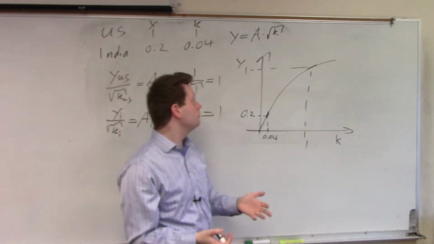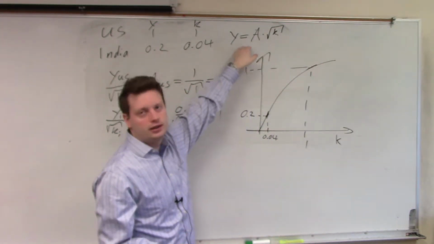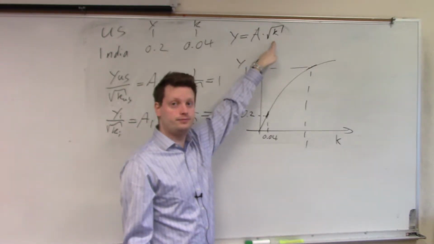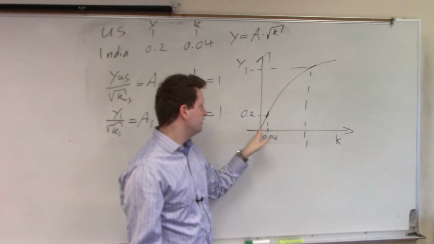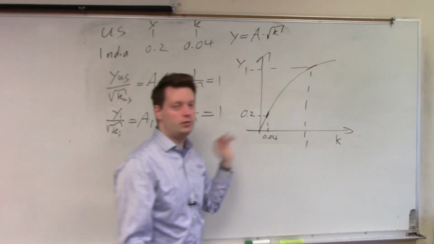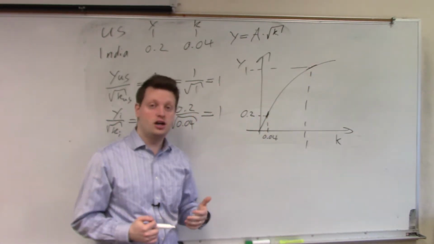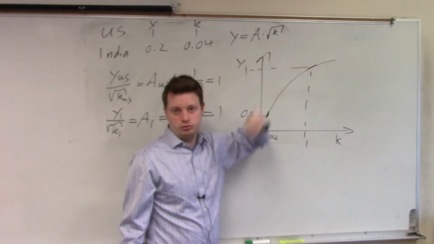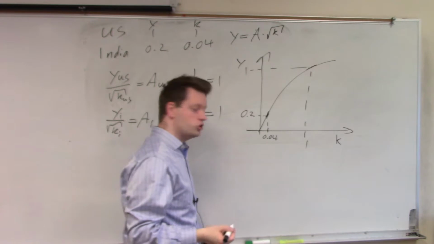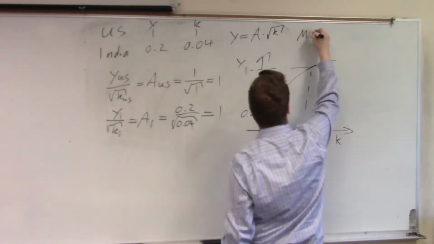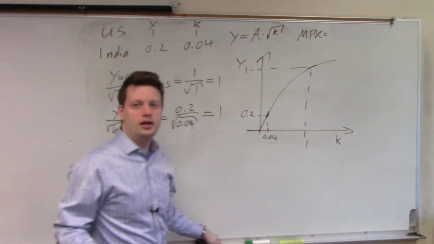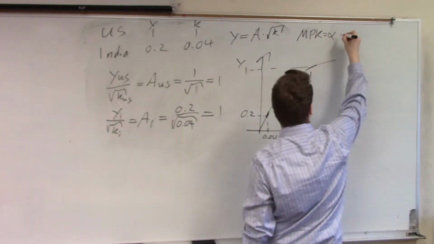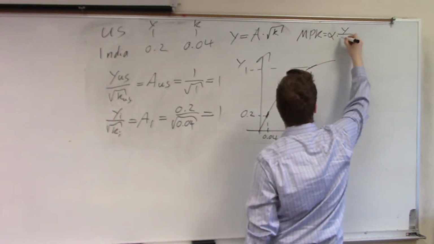To see this mathematically, we take the derivative of this function with respect to K to get the slope of this line. If you did not have calculus yet, simply trust the formula I put down. Let's call this the marginal product of capital, MPK, in the most general form, this will be equal to alpha times Y over K.